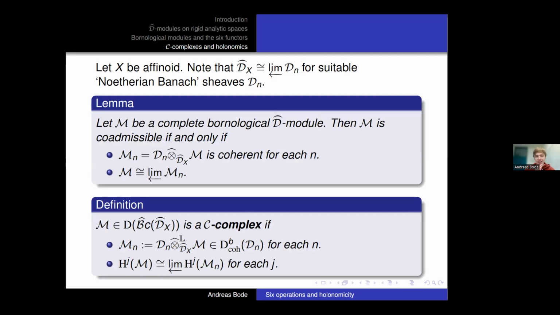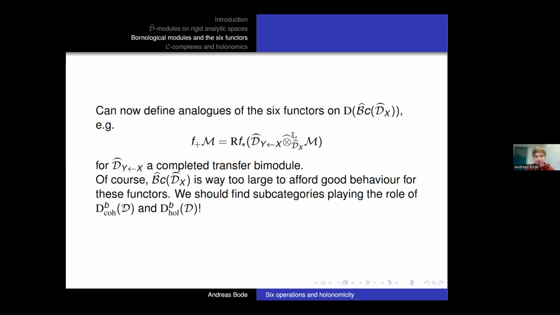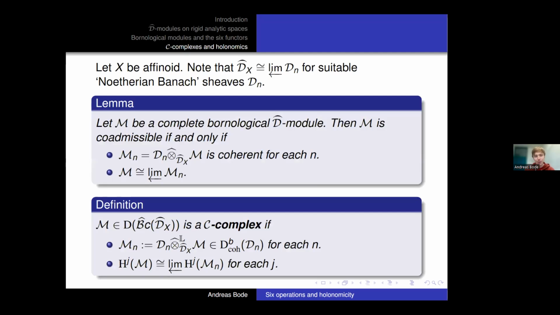So let's begin with something that is slightly easier, namely, let's take the analog of this category here, bounded coherent. We already know what the analog of coherent is. It's just co-admissible. So I now just take the corresponding derived version of this, if you will.